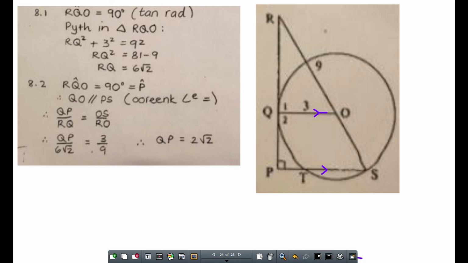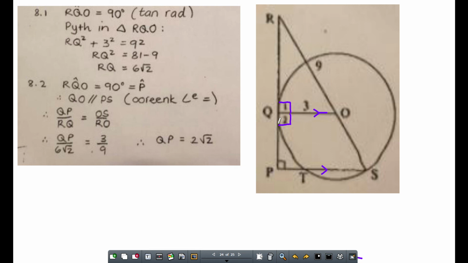Hoe kon ek dit sê? That's 90 and this is also 90. So, one of two things. Ja, sê maar. Jy kon of gesê het co-interior angles of corresponding angles. Because of that, I knew that they were parallel.